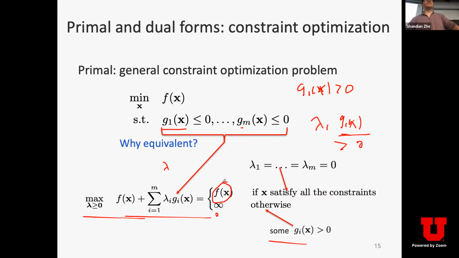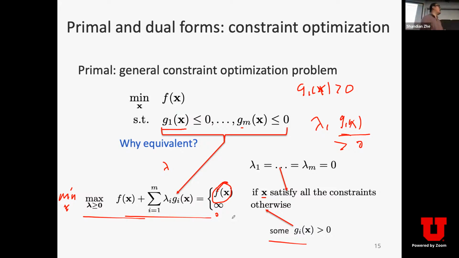So now, if we further do minimization over x, that's our minimization problem. At the outer level, we do minimization over x, and we can see that it is equivalent to minimizing f(x) when x satisfies all the constraints, or minimizing infinity when x does not satisfy the constraints.